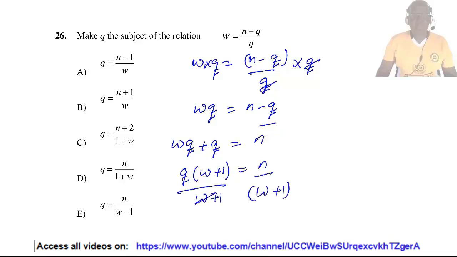So we shall get Q equals N divided by W plus 1, which is the same as N divided by 1 plus W, which is D.